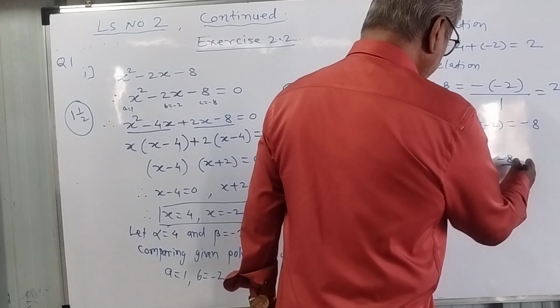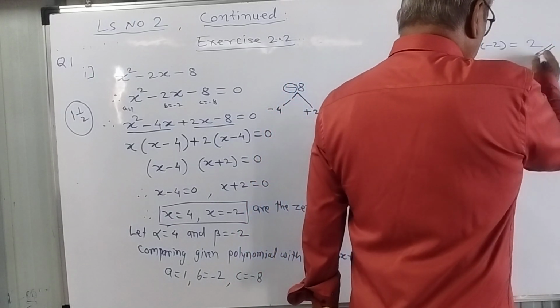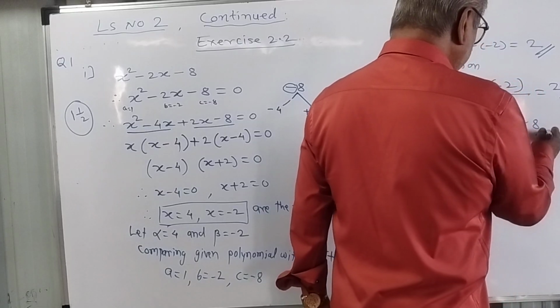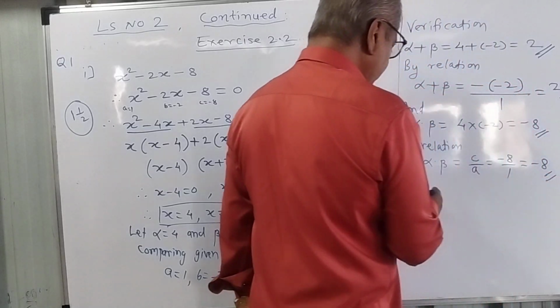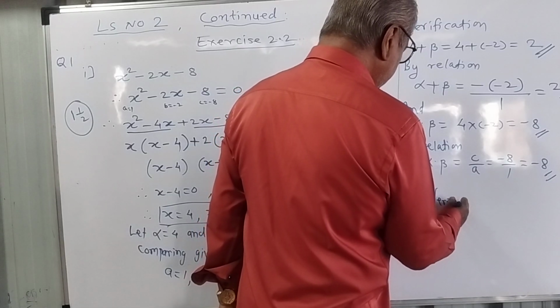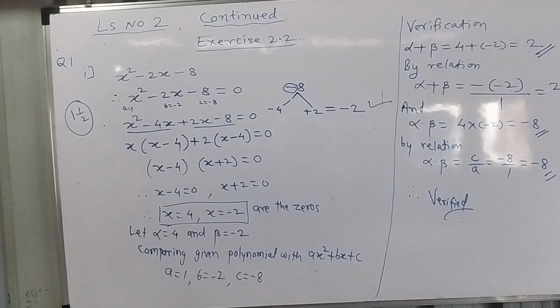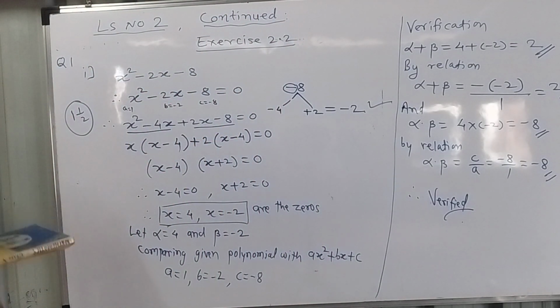Minus 8 upon 1, which is equal to minus 8. So the sum is verified. Product of zeros also verified. So verified. So this will give you 3 marks. This is the question for 3 marks.